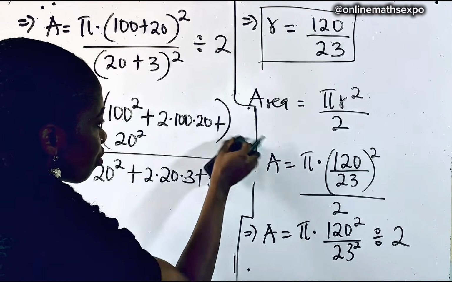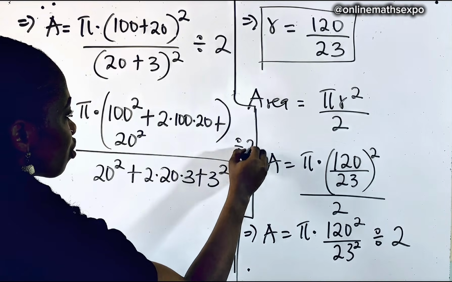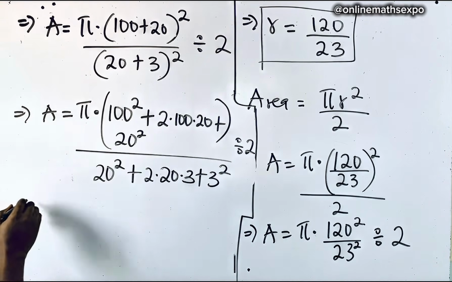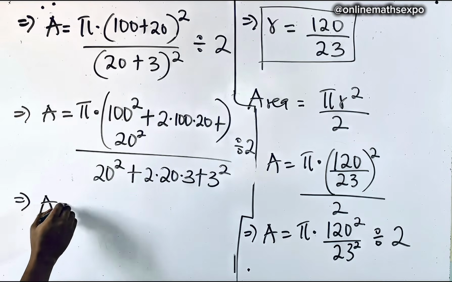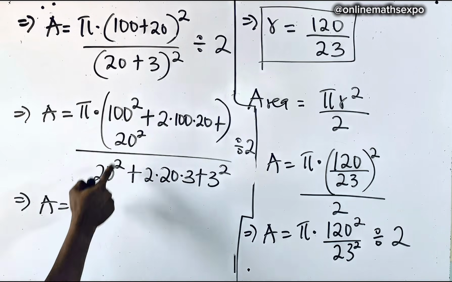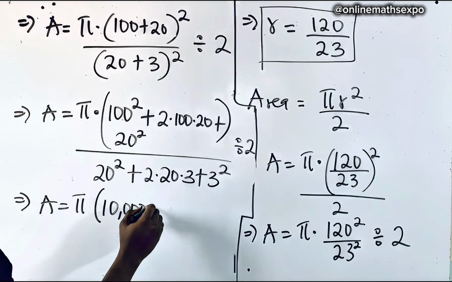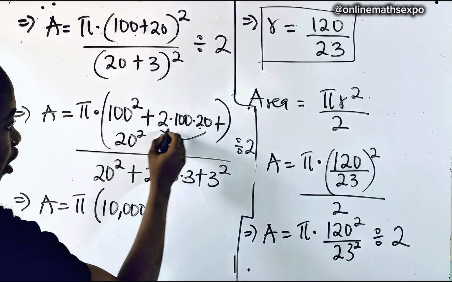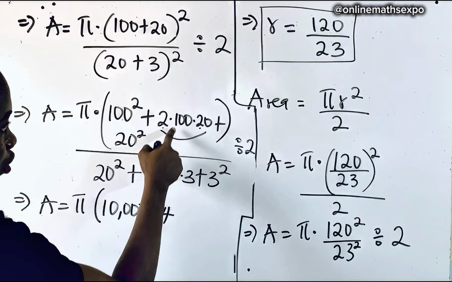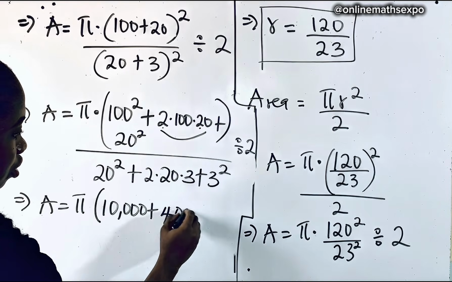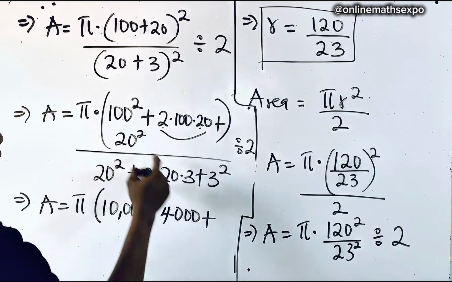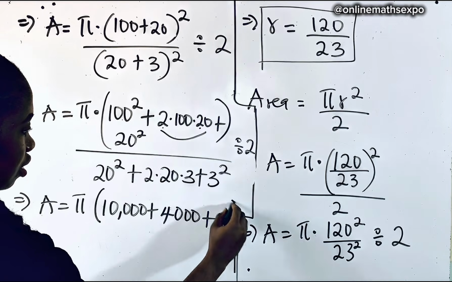So if you simplify this, we have area is pi into 100 squared will give you 10,000 plus, multiply this, 2 times 2 is 4, so we have 4,000, plus 20 squared will give us 400.